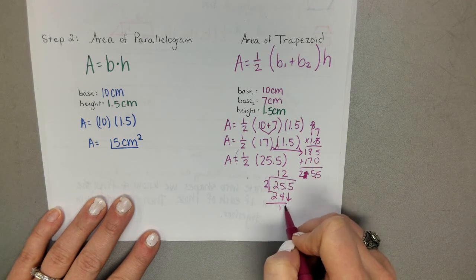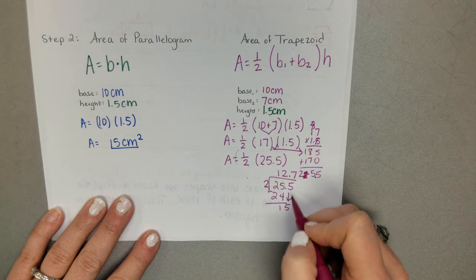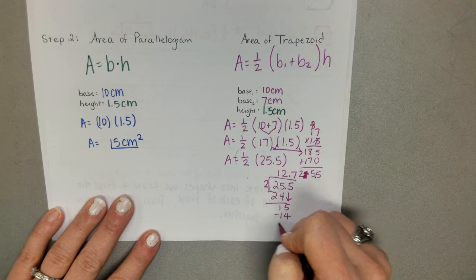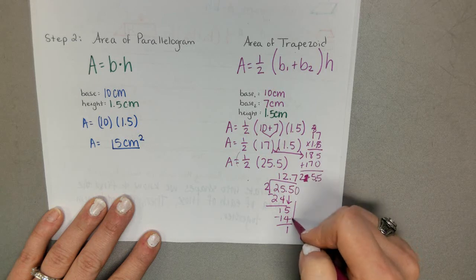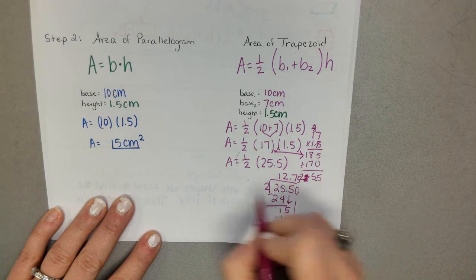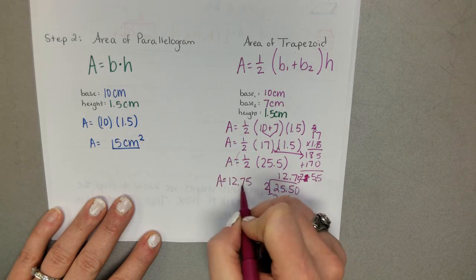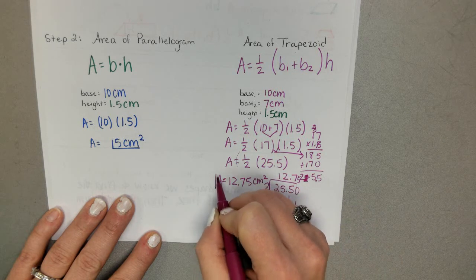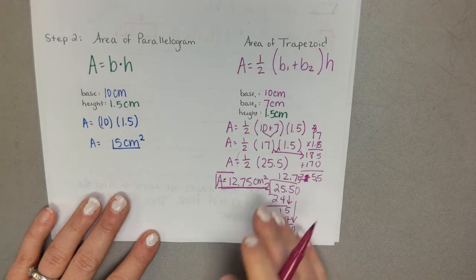You're left over 1, pull down your 5. 2 goes into 15 7 times. 2 times 7 is 14 with a remainder of 1. Pull down your 0, and we stop right there. Okay, so we got our area is 12.75 centimeters cubed. That's the area of this whole trapezoid.